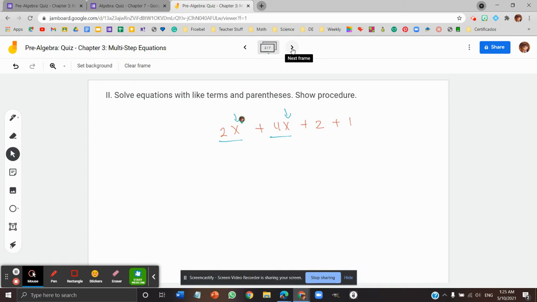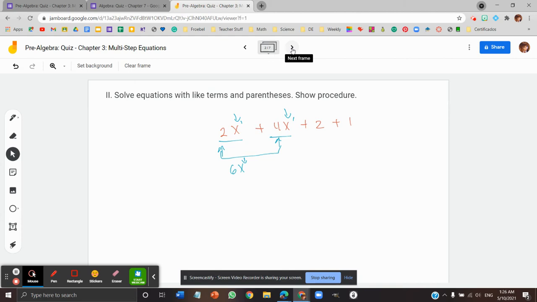That would be 1, of course. They are to the same power. Therefore, I can combine them, meaning that I can add that coefficient. And again, coefficient is just that number that is being multiplied by the variable. So 2 plus 4, that will be 6x. That is how I can combine them together.